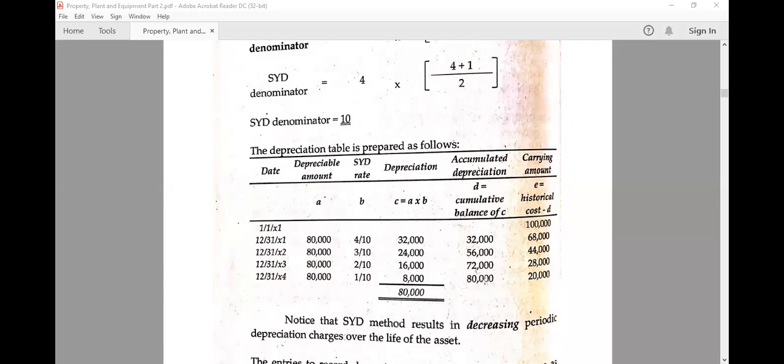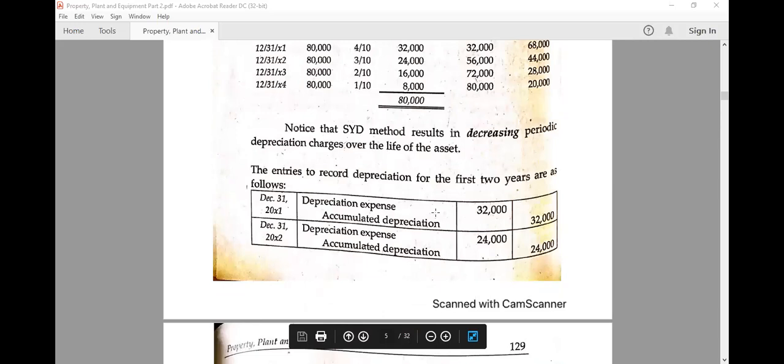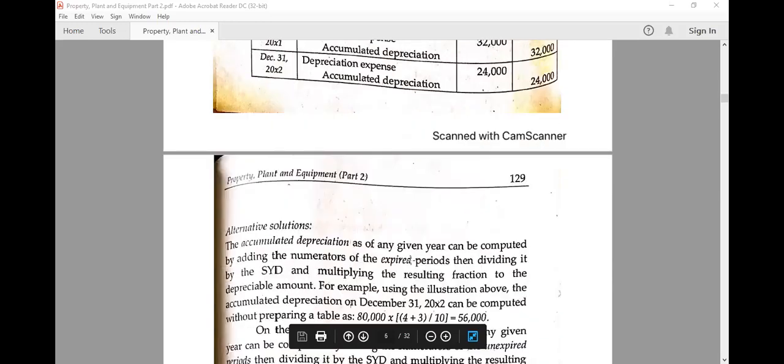And the carrying amount is simply cost minus accumulated depreciation. We can also notice that the depreciation decreases over the useful life of the asset. If we have residual value, also known as scrap value or salvage value, then it should be shown here at the last year, that there is 20,000 pesos. And we record our depreciation expenses: debit depreciation expense, credit accumulated depreciation of 32,000 and 24,000 each.